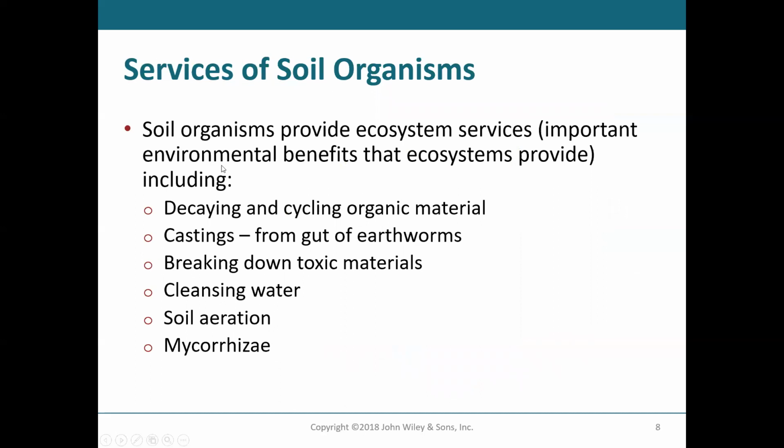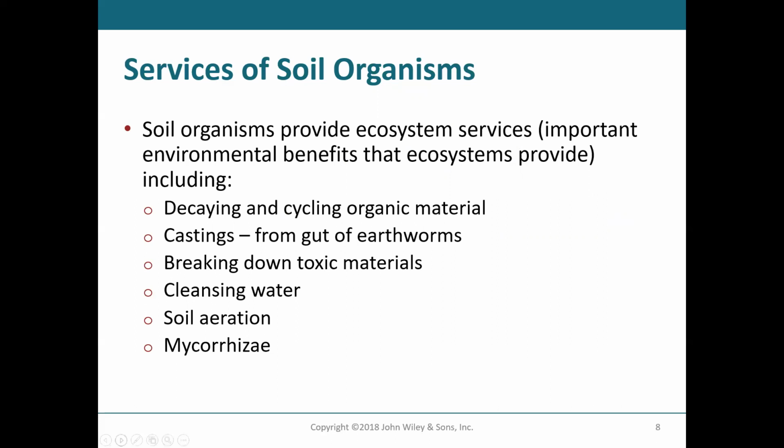Here you can see those ecosystem services that microorganisms provide. Another very important one is castings. Castings are bits of soil that have passed through the gut of an earthworm and then are deposited near the soil surface. So in this way, it's basically nutrient mineral cycling, bringing those nutrients from a lower level up to higher levels of soil.